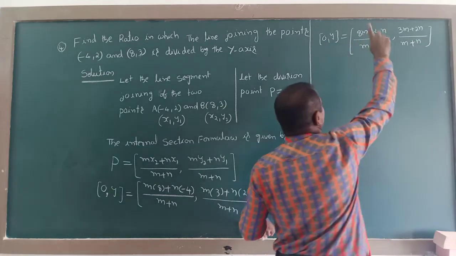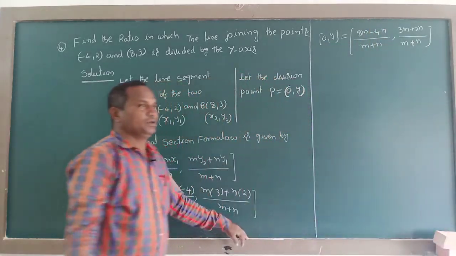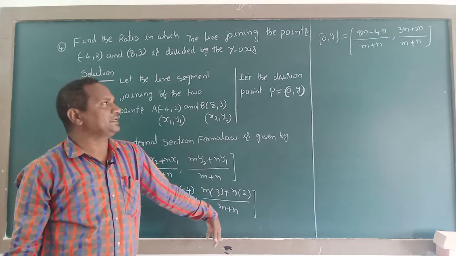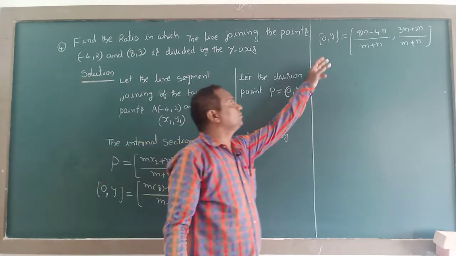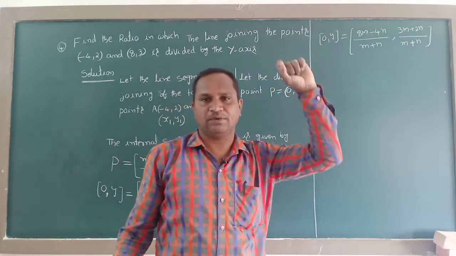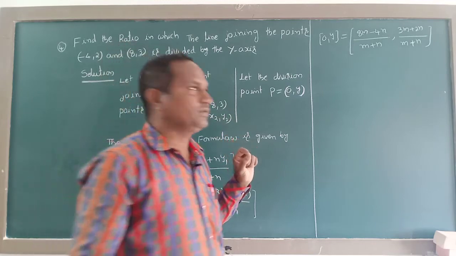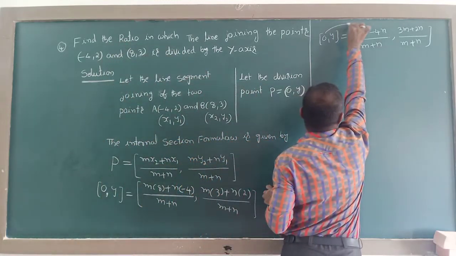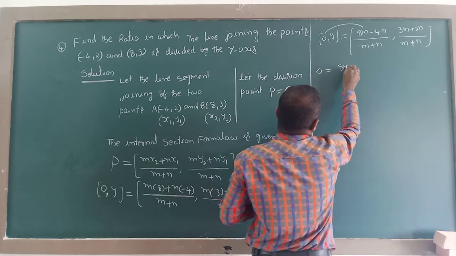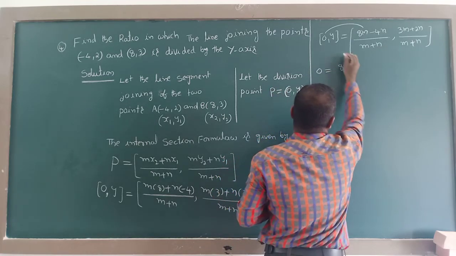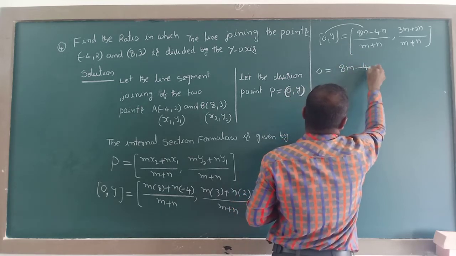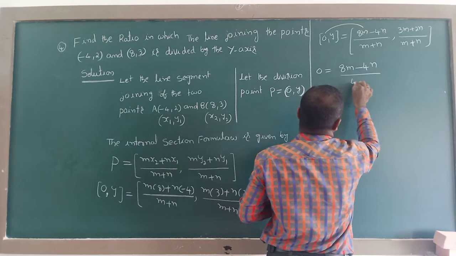Equate them separately, because in the left hand side we know only the first coordinate of the point, which is 0. That's why we equate the first coordinates. 0 is equal to 8m minus 4n whole divided by m plus n.